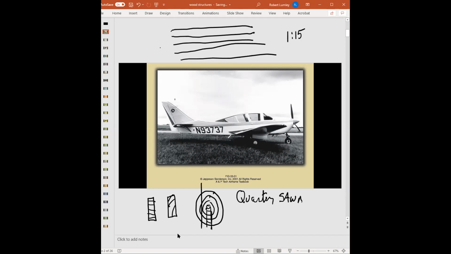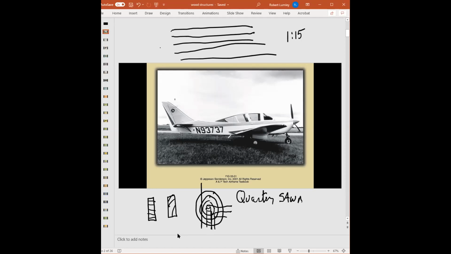Then they can do another smaller piece here, and then cut it this way, and now these boards have the grain going in the proper direction. So it's a lot more expensive to quarter saw a board than it is to plane saw the board.